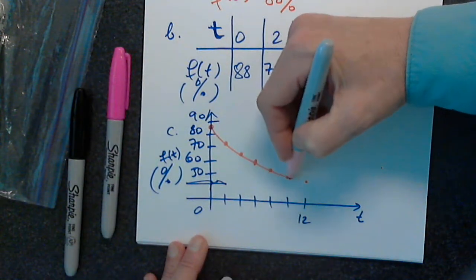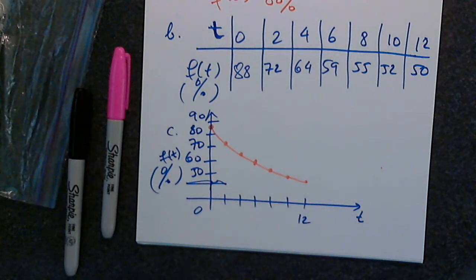We cannot extend it because we don't know what happens outside of it, of course, and not a negative time anyway. So this is the graph. It's kind of depressing that in 12 months, from 88%, it drops to 50. Questions?